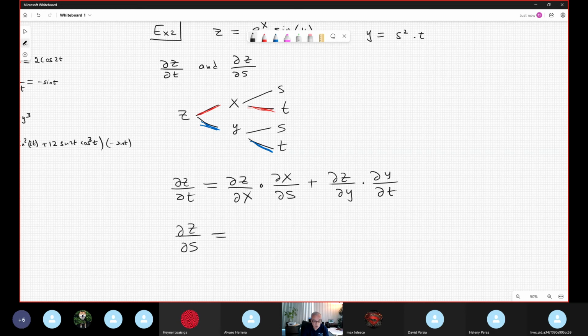It is the partial derivative of z with respect to x times the partial derivative of x. I made a mistake here, right? This is t, no? We travel along the t path. Now we travel along the s path. Now it's the partial derivative of z with respect to y times the partial derivative of y with respect to t. Boom. Do you see that or no?